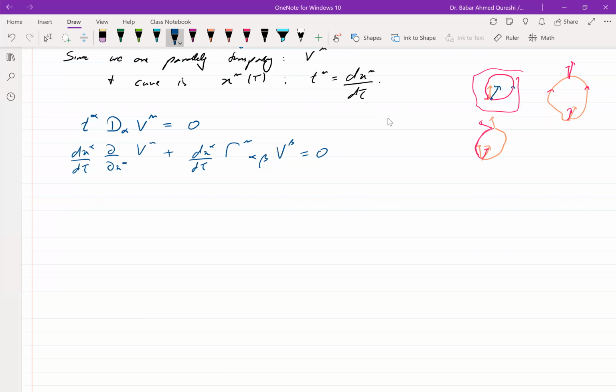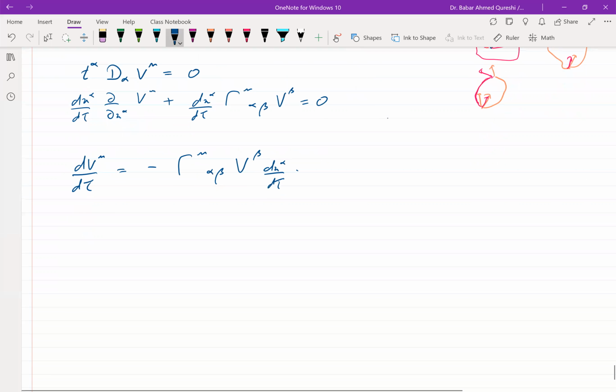And then this gives me dv mu over d tau is equal to minus gamma mu alpha beta v beta dx alpha over d tau. Now these coefficients, they depend on tau. Let me write it this way. Let's write it on the other side.